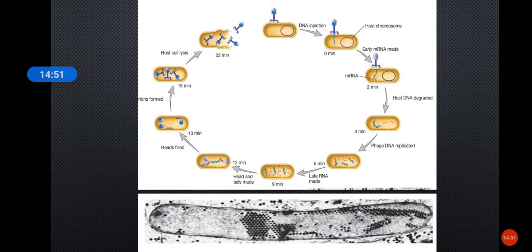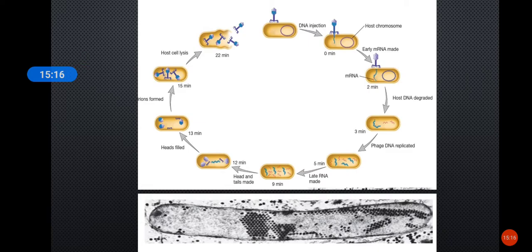So after the T4 phage infection of E. coli, the time is also specified here. The first step is the DNA injection, and then early mRNA is made, and after the early mRNA is made, the host DNA is degraded.